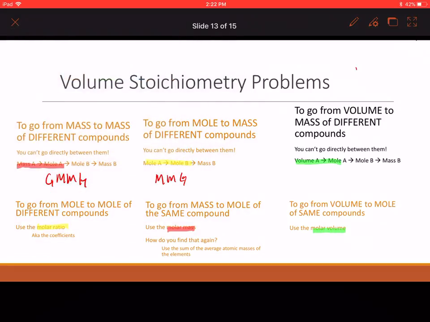So now, instead of GMUG, we have VMUG. But you can also do, anywhere we see the G, we are able to replace it with V, and we could also have like GMUV. So we're able to just put volume in place of mass there.